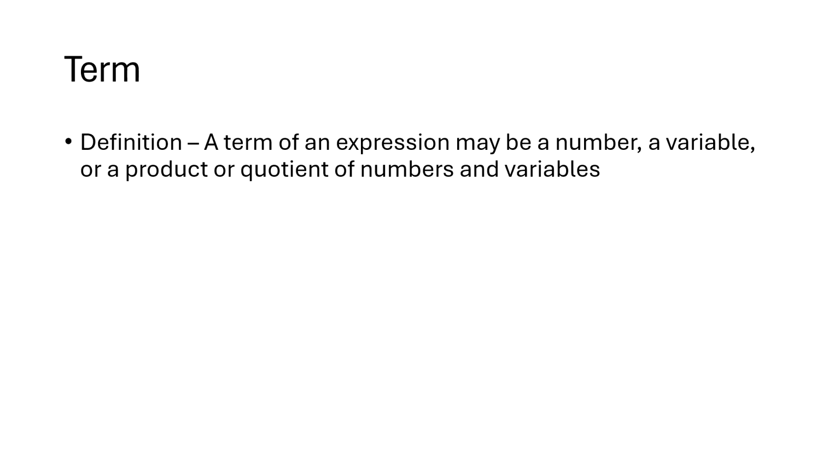Term. A term of an expression may be a number, a variable, or a product or quotient of numbers and variables. Examples are 0.4x, 7, b divided by 2a, or b squared divided by 4ac.